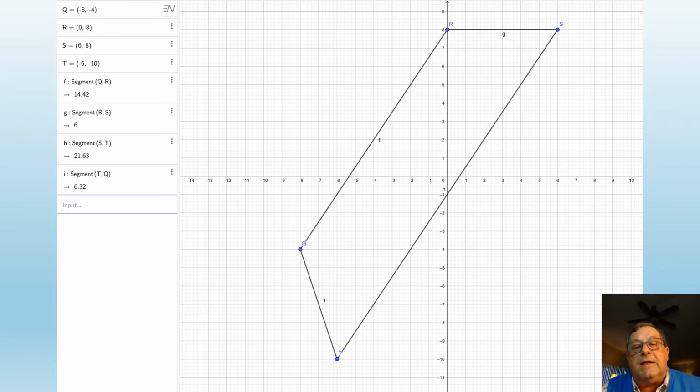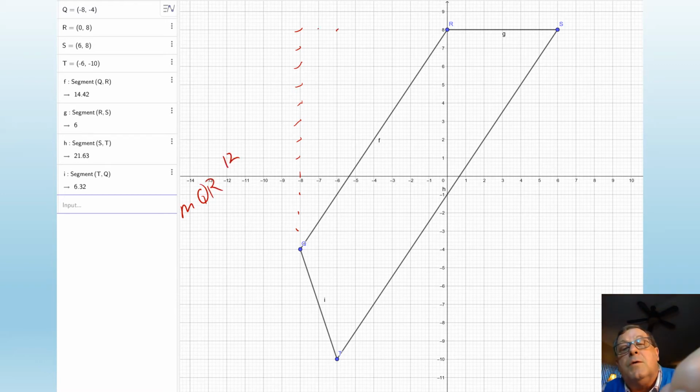All right, so let's check the slope of QR first. We're going to go up 1, 2, 3, 4, 5, 6, 7, 8, 9, 10, 11, 12. So the slope of QR, we got a rise of 12, and a run of 1, 2, 3, 4, 5, 6, 7, 8, a run of 8.